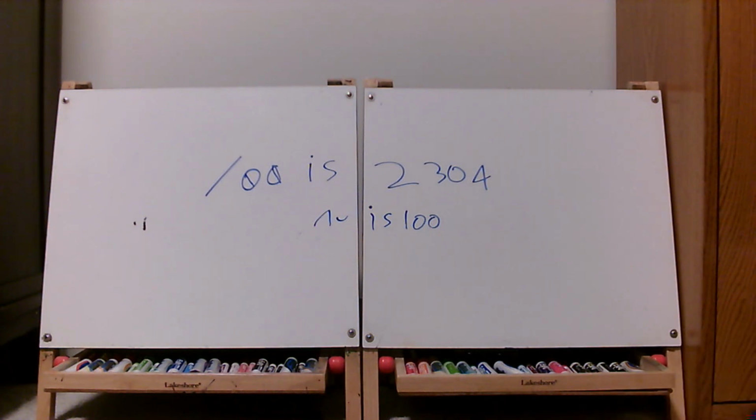I thought it would be fun if I showed each base's, each number system's first 3-digit number in the other one. So the Zooneian number system, its first 3-digit number is obviously nu null null, which is equal to 2,304.